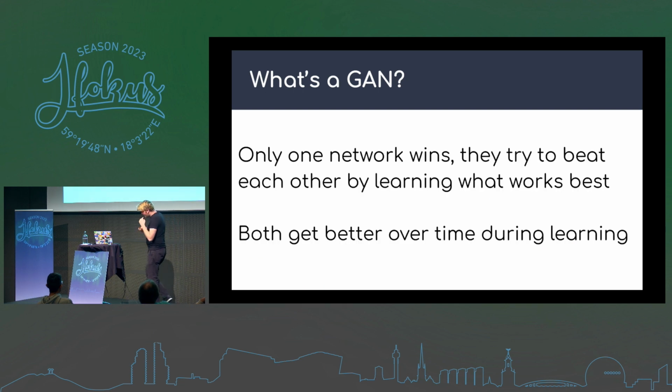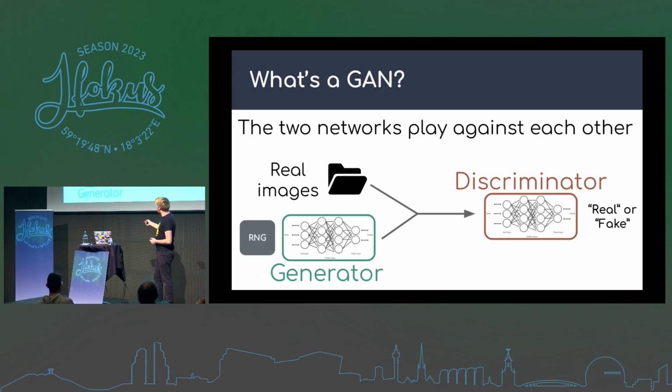So they will play against each other. Each of them is going to try to beat the other, which means for the generator to make the most realistic faces it can, and for the discriminator, to find telltale signs that an image was made by a neural network.